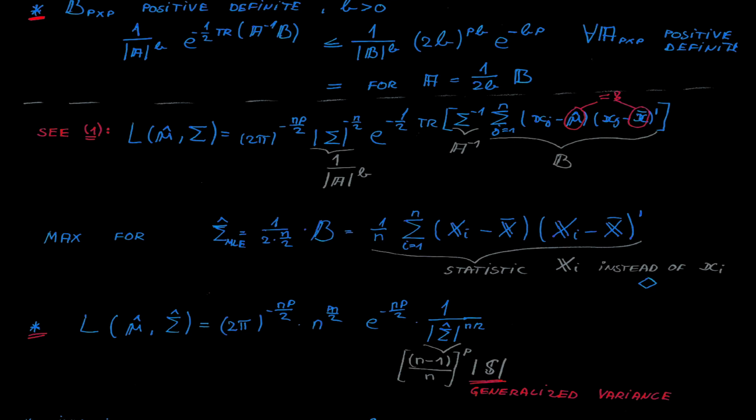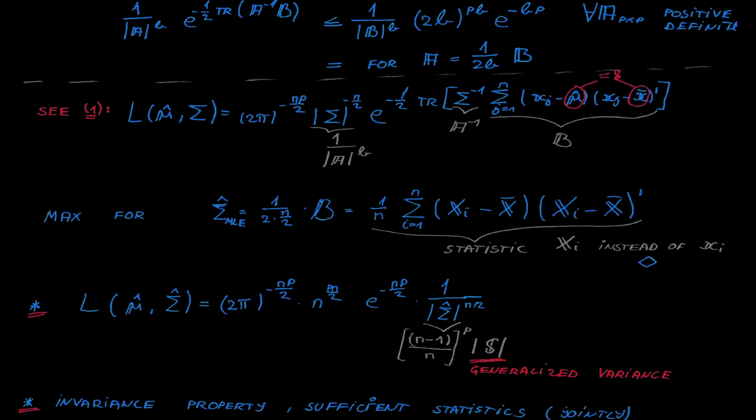The correct way to prove that this is actually a maximum, and perhaps the easiest way, is to use the gradient, or to take partial derivatives with respect to mu and sigma. And in general, when you have a multivariate sample, you would need to check if the gradient is positive definite or negative definite, depending on whether you're looking for a maximum or minimum.